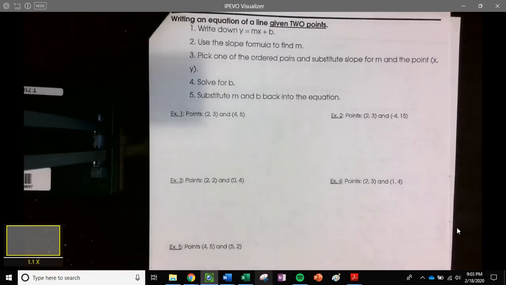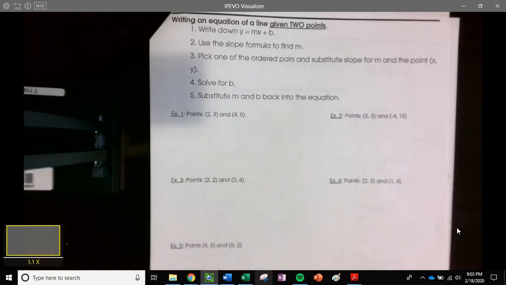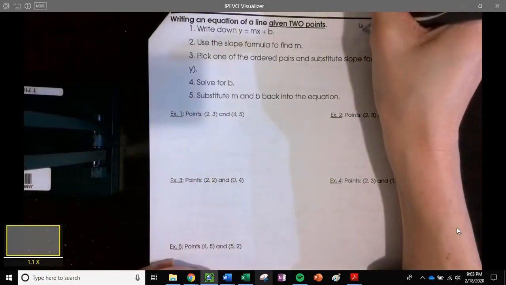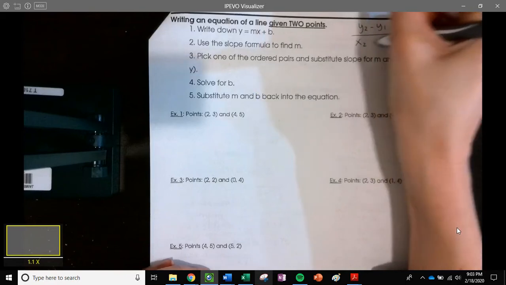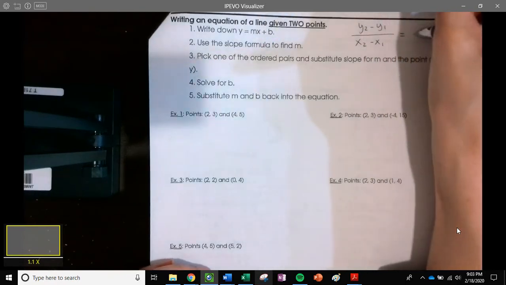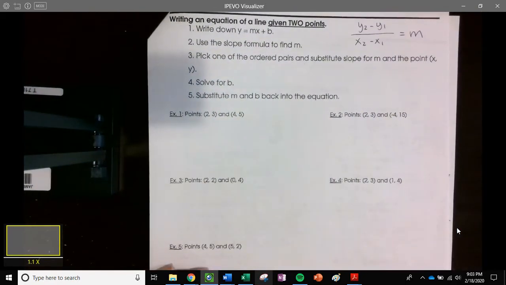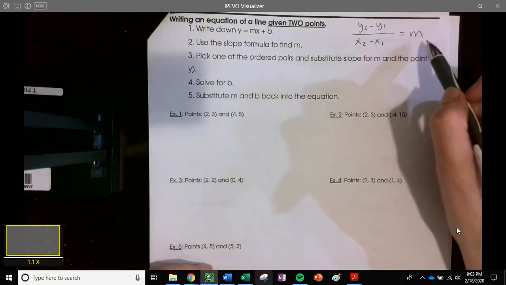All right, last but not least. How do we write an equation of a line if we are given 2 points instead of slope and 1 point? Remember this? y2 minus y1 over x2 minus x1 equals slope. Well, we're going to have to do that to find the slope.